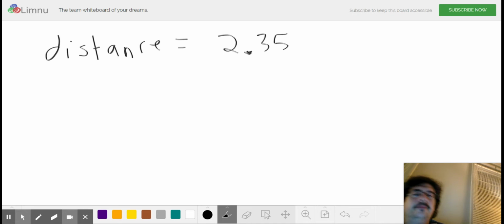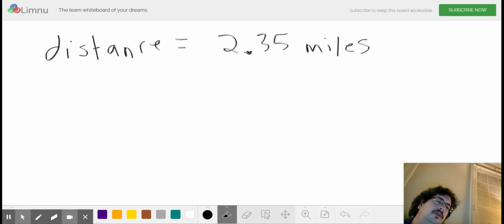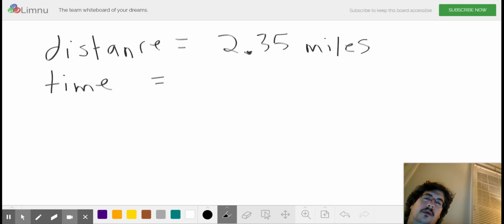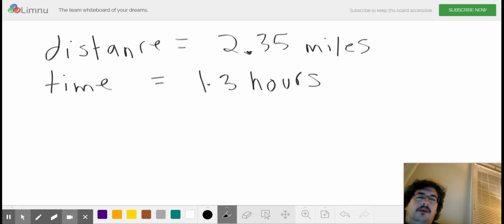It looks very odd. 2 and 35 hundredths miles, maybe the farthest any snail has ever traveled. And let's say that it took this incredible snail just 1 and 3/10 hours to do so. So this is a pretty special snail. I want to find out exactly how fast was this snail traveling. So I'm going to calculate its speed.